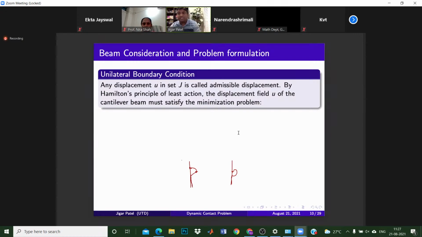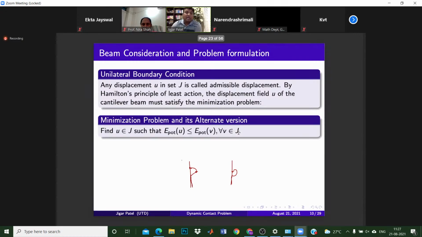The principle we have used here is Hamilton's least action principle, right? It is really a very simple principle. It says that when you apply a force on any object, it is going to take a shape that minimizes the total potential energy of the system, right? So this is the principle that I have used here.